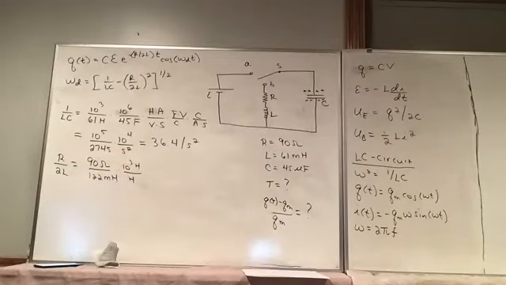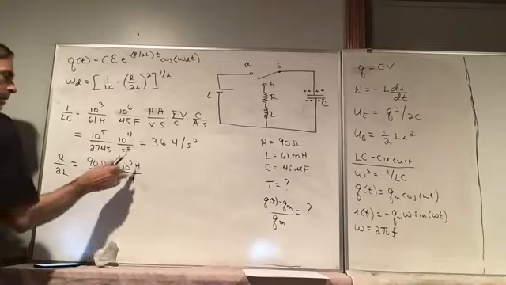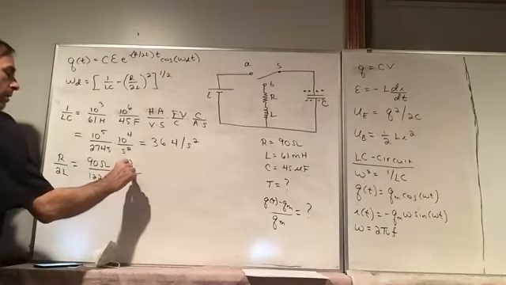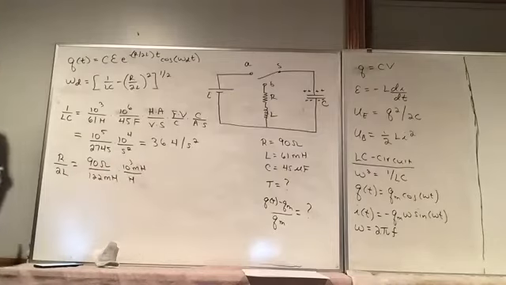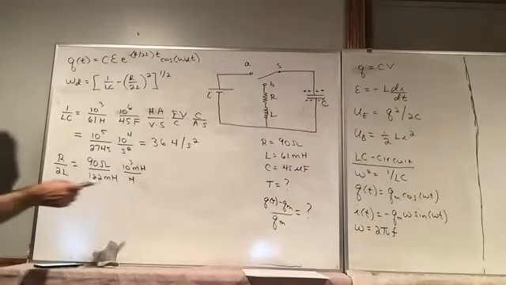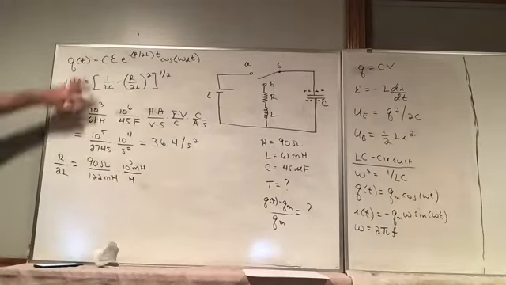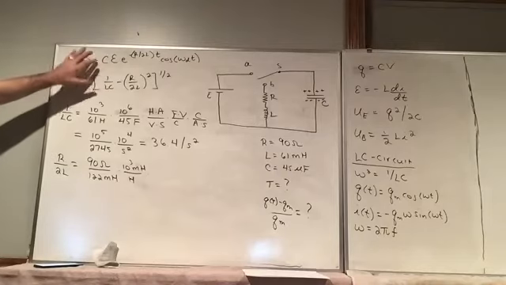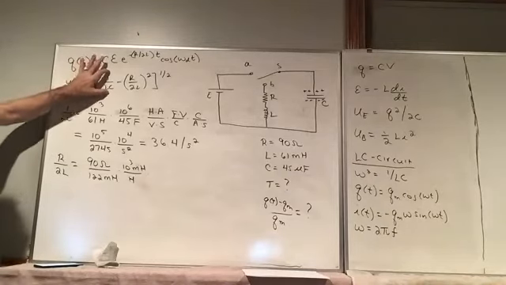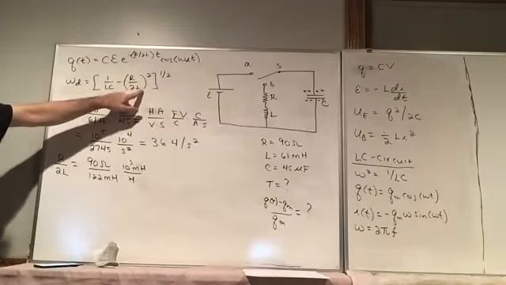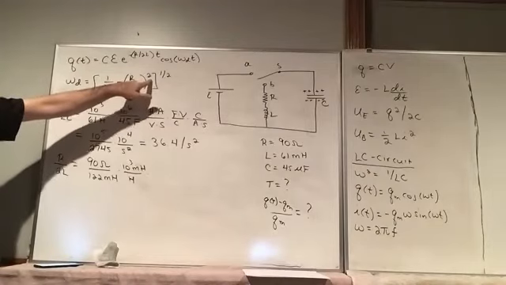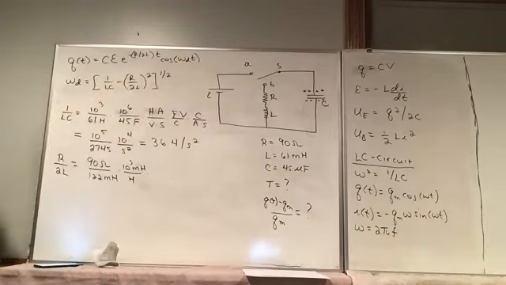Convert that, 10 to the third millihenries per henries. And then we should get inverse seconds here. The other term is inverse seconds squared. R over 2L should be inverse seconds because then we'll square it. So these have to have the same units, those two terms. So we should just get inverse seconds here.